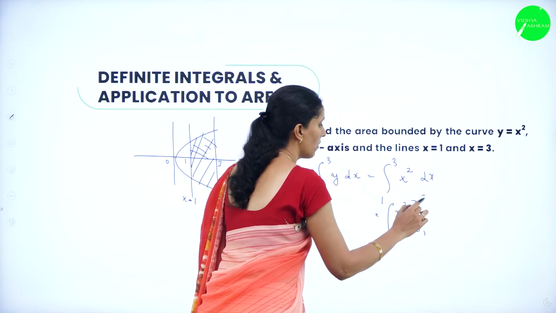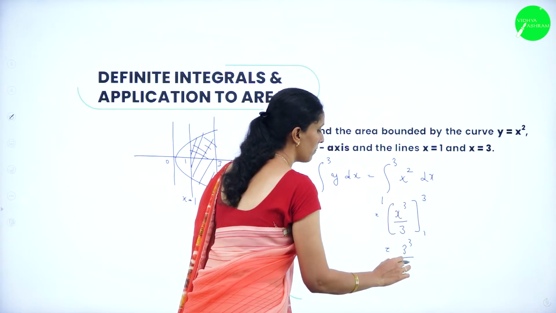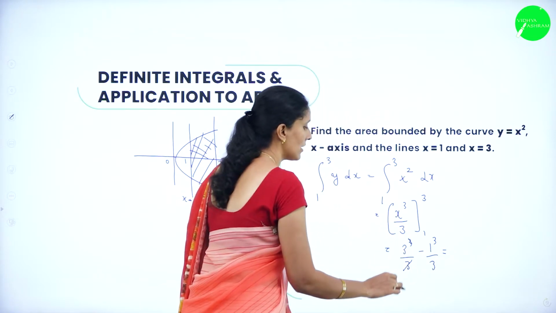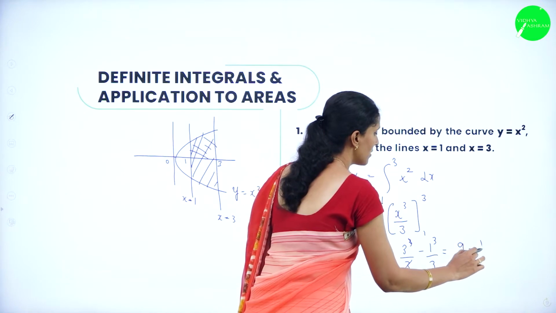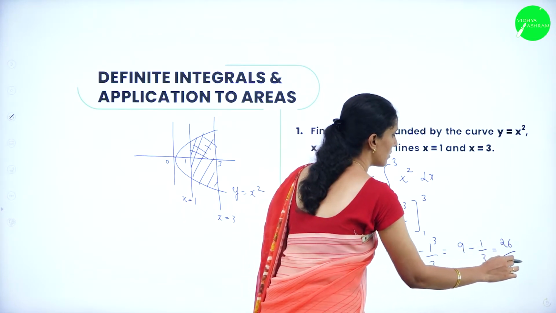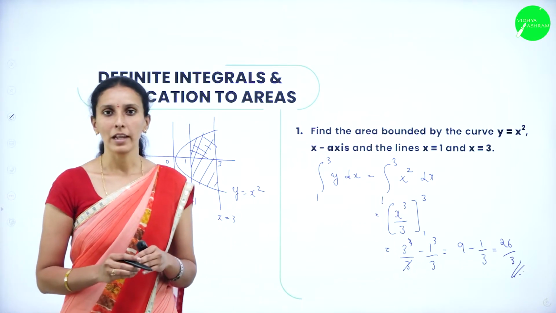And the limits are from 1 to 3. So it is 3 cube divided by 3 minus 1 cube divided by 3. So we can cancel, and we will get the value as 9 minus 1 by 3, or 26 divided by 3. Square units you can write, since you are finding the area.